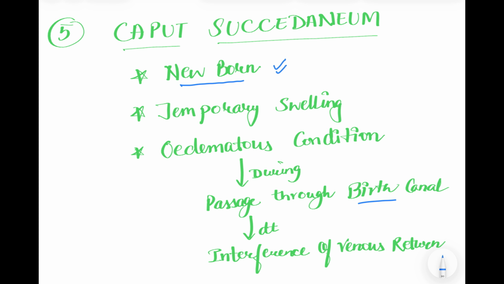At that time a temporary edema occurs because the venous return is interfered with. This leads to the temporary swelling known as caput succedaneum.